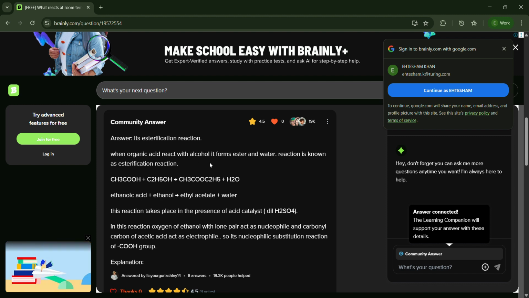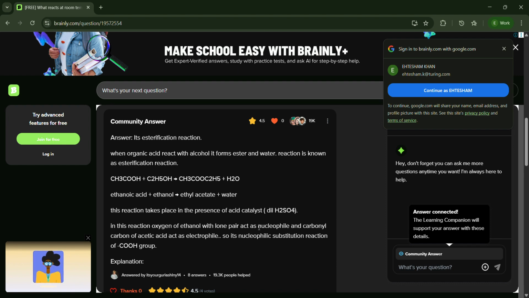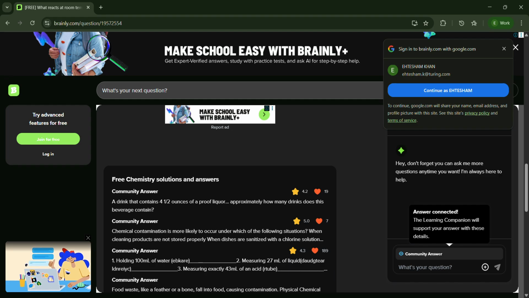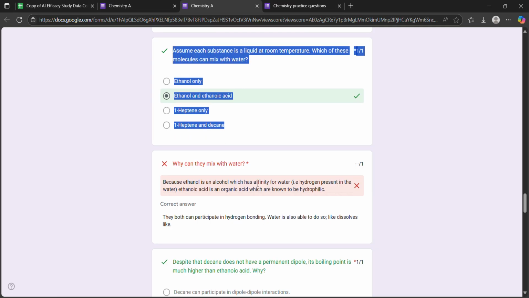When an organic acid reacts with an alcohol, it forms an ester and water. The reaction is known as an esterification reaction. This reaction is reversible. It takes place in the presence of an acid catalyst, that is diluted sulfuric acid, H2SO4. Okay, let's move on to the next question.